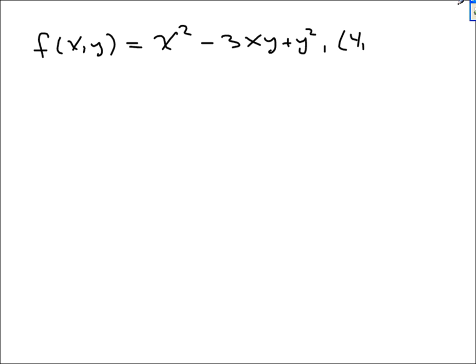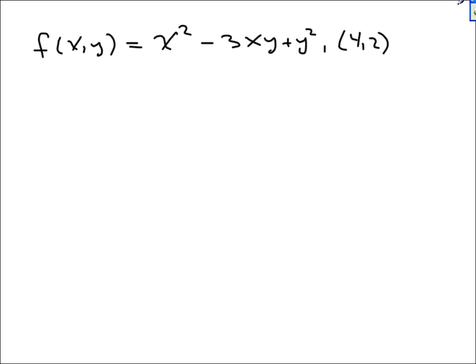The next problem says, find the gradient of the function and the maximum value of the directional derivative at the indicated point. Okay. I'll give you a function, f of x y is equal to x squared minus 3xy plus y squared, and the point is 4, 2.